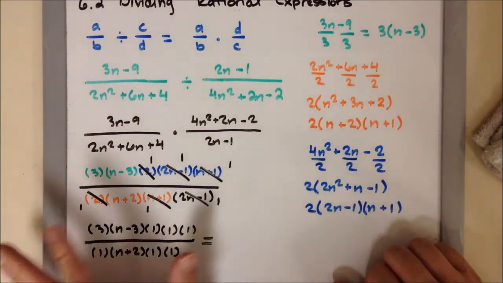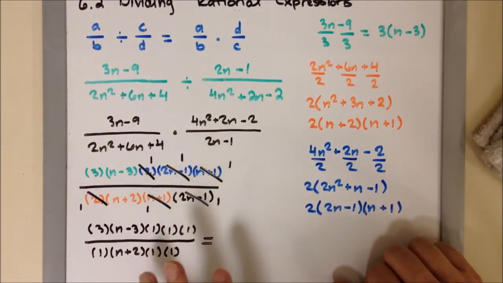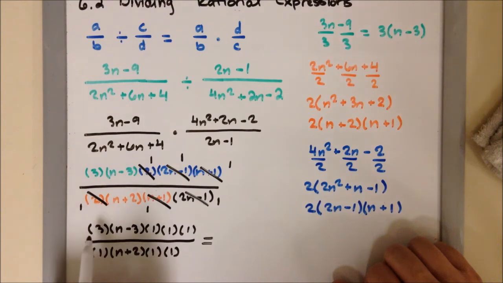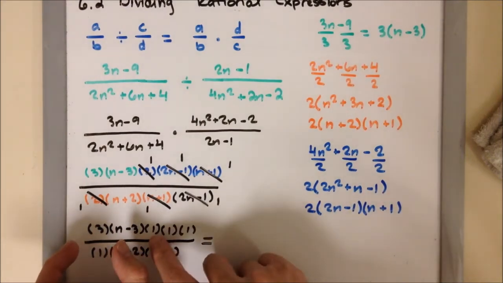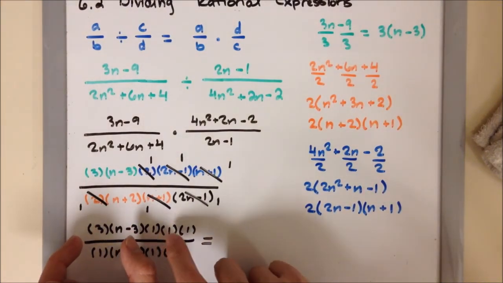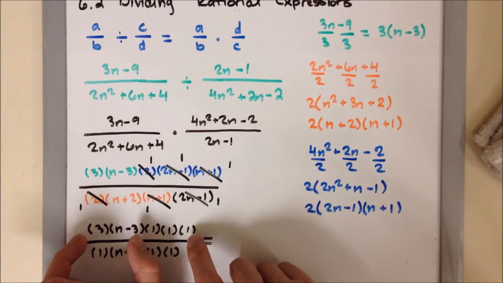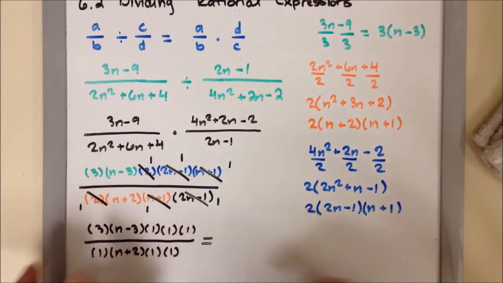I'm writing this step by step to see where all the 1s are going. If you multiply the 3 times n minus 3, this group of factors, by 1, it will be the same thing. If you multiply by 1 again, still the same thing. Multiply by 1 the last time, it will be the same thing on the numerator.